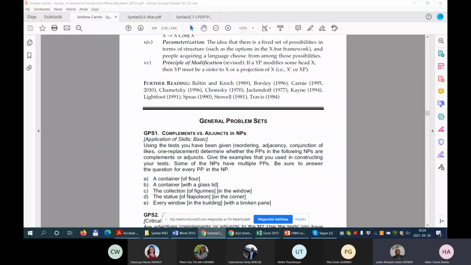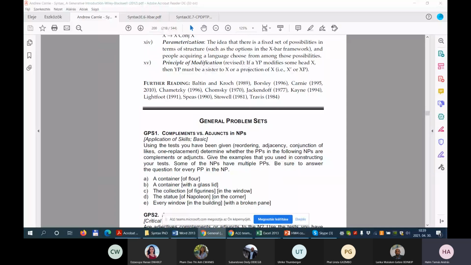Well, if I understand correctly, yep. So in my conclusion, the first PP of figurines is complement, and the second PP in the window is adjunct. Yes, that's right. Perfect. So we started to discuss C, and I completely agree with the argument. So the first is complement, other is an adjunct.